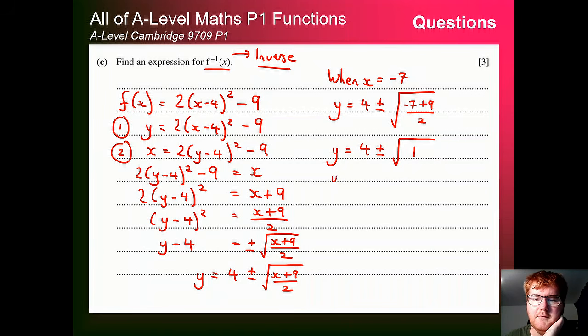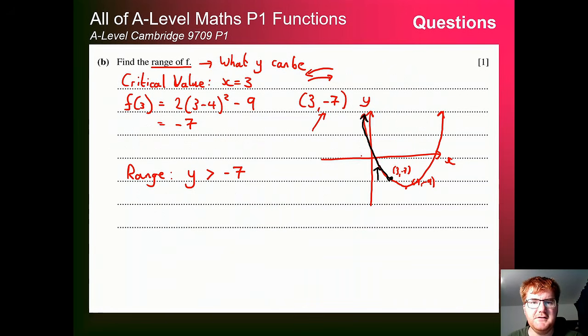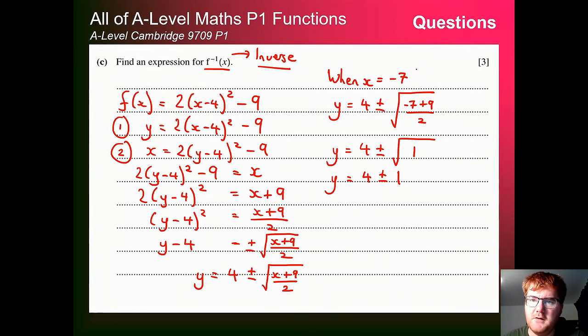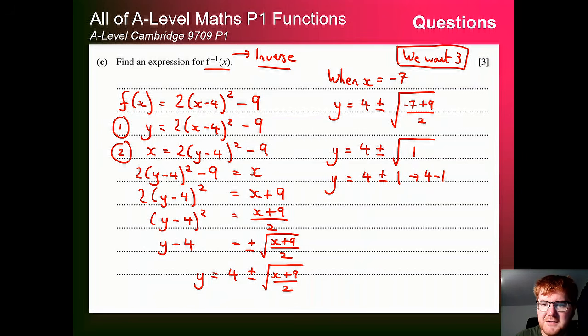Square root of 1 is just 1. So we have 4 plus minus 1. Now we want to get to the input, which is 3. So which of these answers gives me 3? Well, I need to have a minus, because 4 minus 1 is equal to 3. So our actual inverse function here is the negative, not the positive.